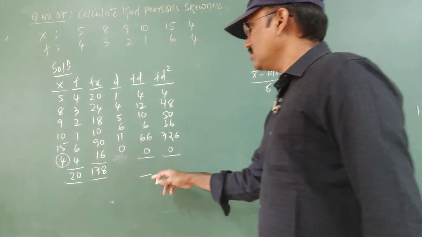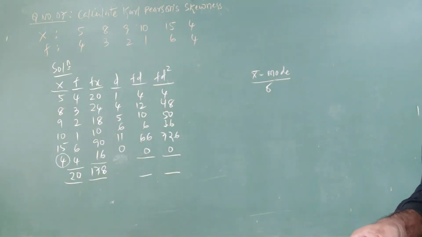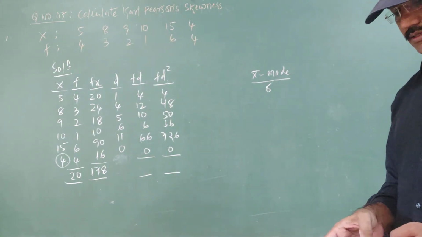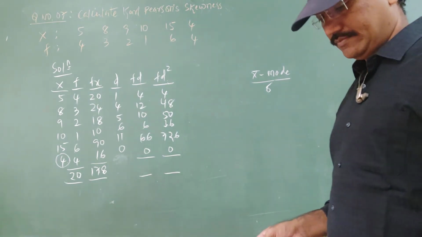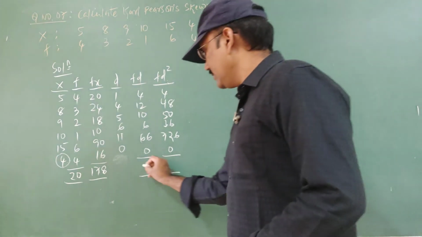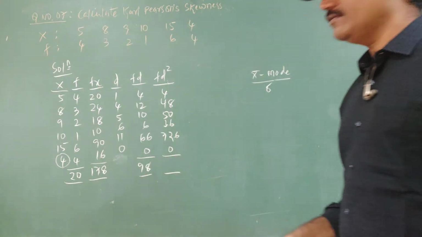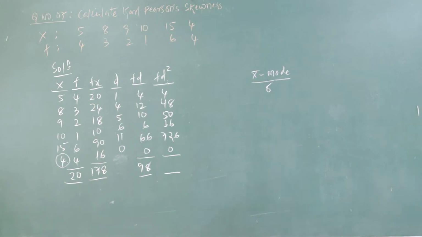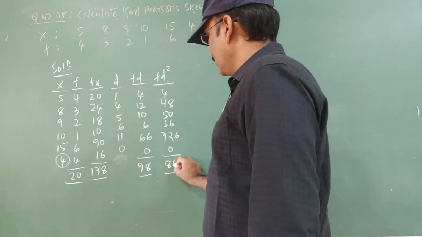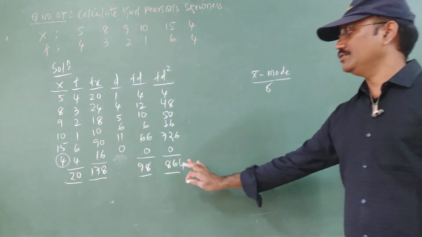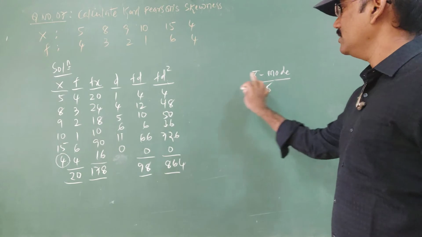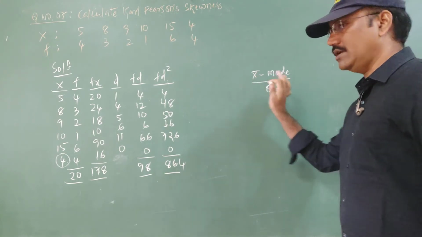Now check the total of fd: 4 plus 12 plus 10 plus 6 plus 66, the value is 98. And find the total of fd square: 4 plus 48 plus 50 plus 36 plus 726, the value is 864. This was the solution for the mean, mode and standard deviation.